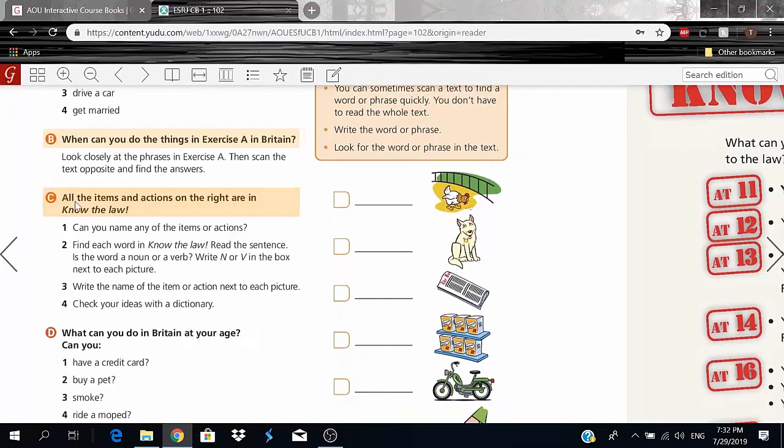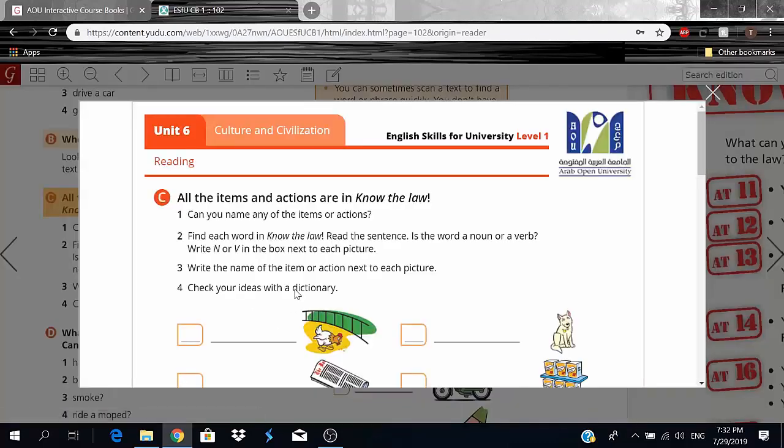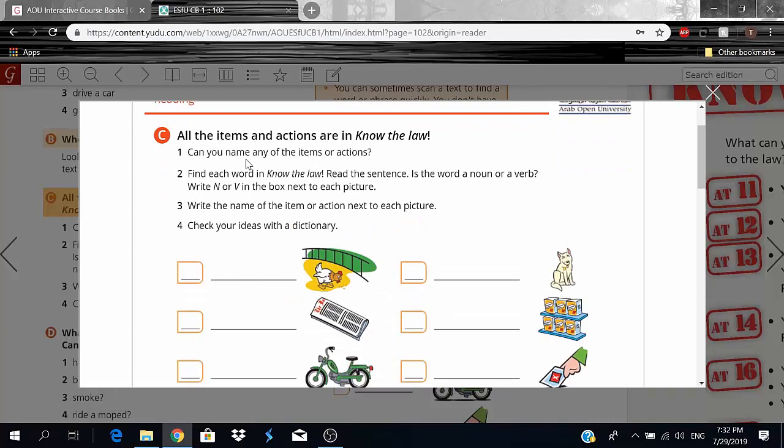Here we have exercise C. All the items and actions on the right are in the "Know the Law" text. So actually, let's open this. Okay, so can you name any of the items or actions, and then find each word in "Know the Law", read the sentence, and decide if the word is a noun or a verb. Write N or V in the box next to each picture. And write the name of the item or action next to each picture as well.